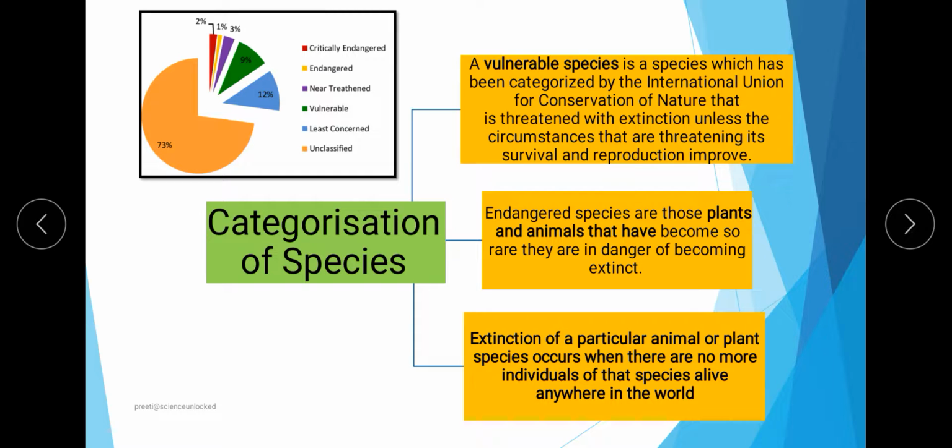Extinction simply means the complete removal of a particular animal or plant, something getting completely away from the world and nature. This categorization helps us in planning the conservation process.